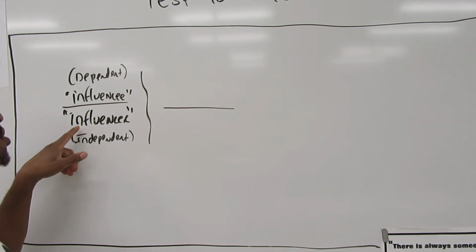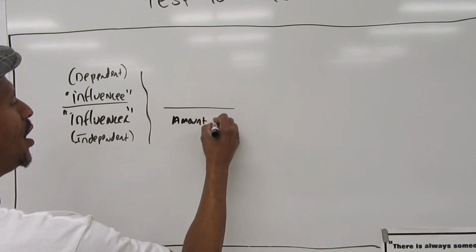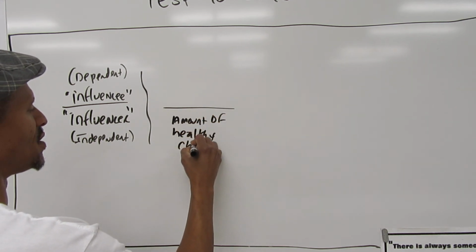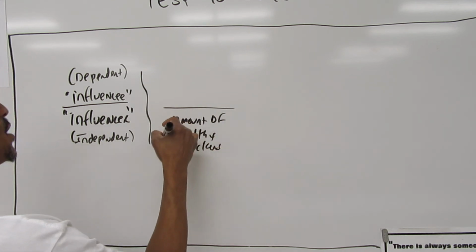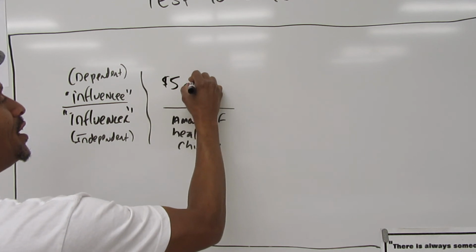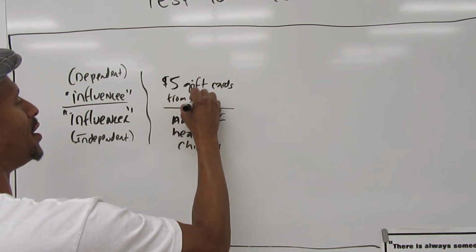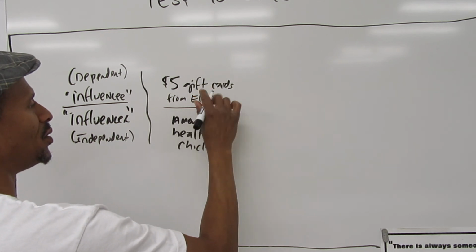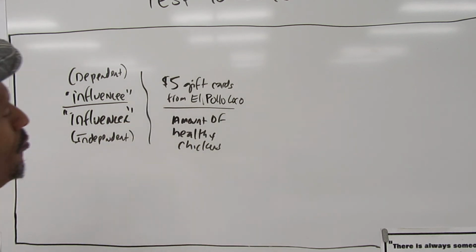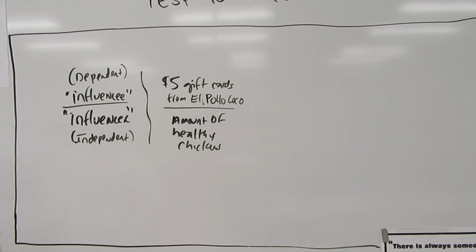So it looks like the amount of chickens, I think it was healthy chickens, is influencing the amount of $5 gift cards from El Pollo Loco. Now, do you have to write all that? No, you can put chicken, you can put gift card. I just want to let you understand what's happening here.